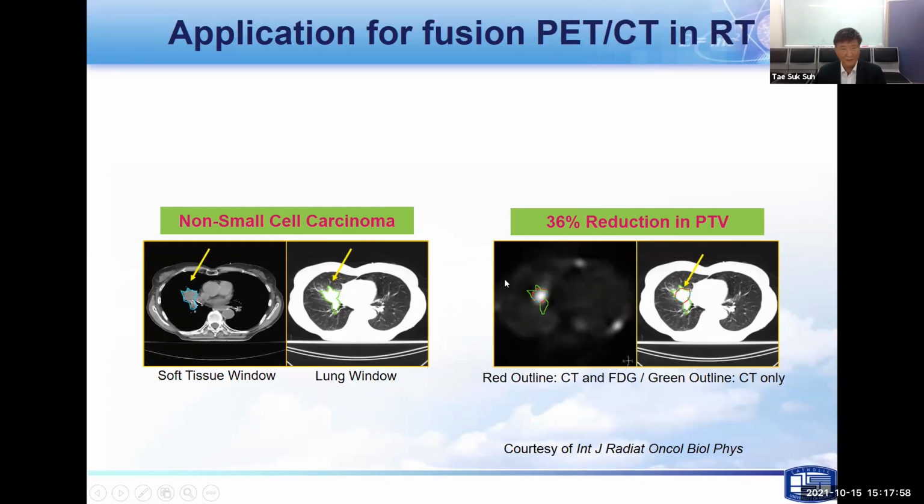In the right figure, the target was shown by a red line, which is more accurate and smaller, with a 30–60% reduction in PTV, which is quite good to minimize radiation dose to normal structure.